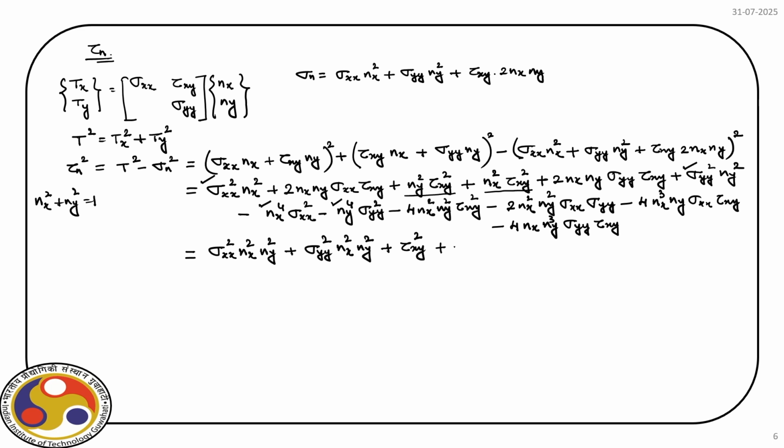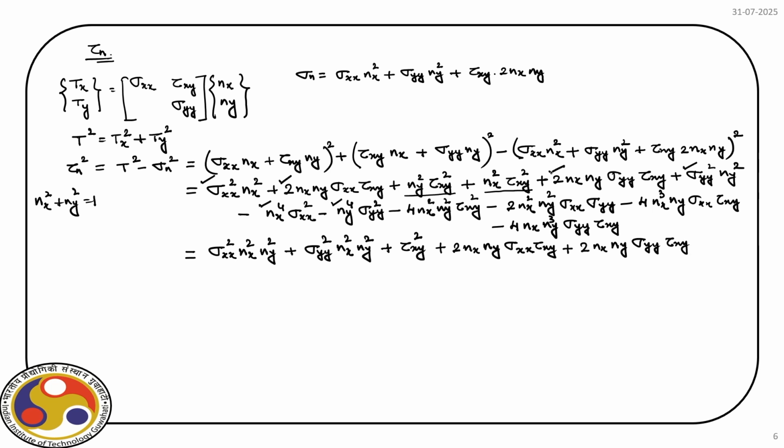plus we have twice nx ny, and then sigma xx tau xy, right. So, this is the term, plus we have twice nx ny, and then sigma yy tau xy.